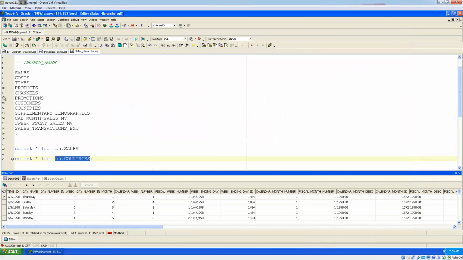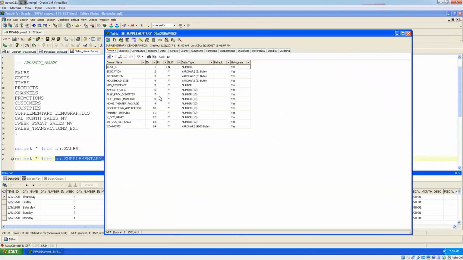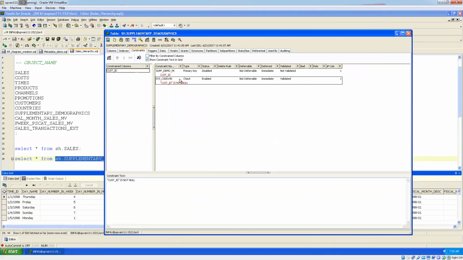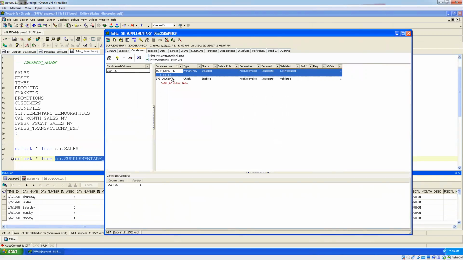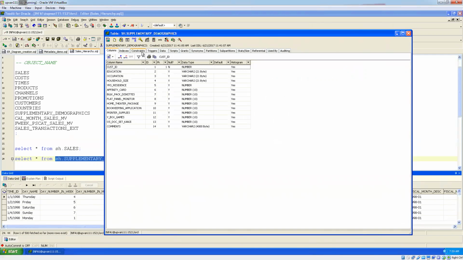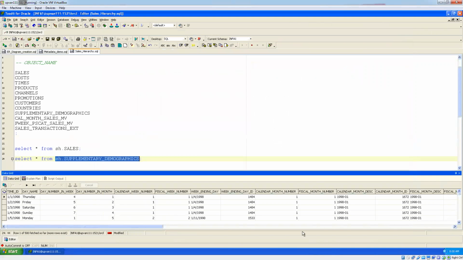Look at supplementary demographics. So cust ID is the primary key, and there is no foreign key at all. How will we represent it?